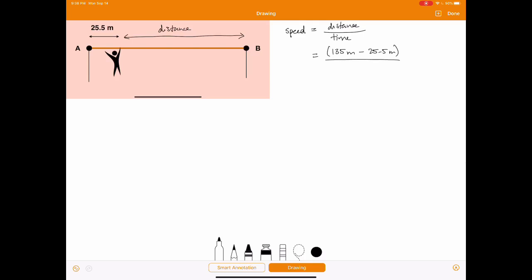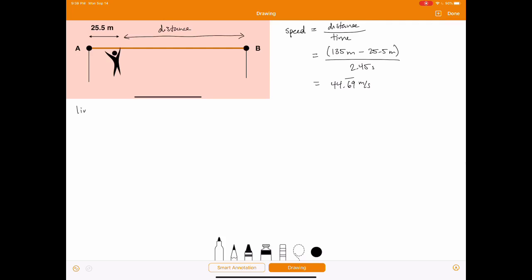And then the time it takes to cover that distance, again, is 2.45 seconds. Okay, if you crunch these numbers, you're going to find it comes out to 44.69 meters per second, and we'll keep 3 sig figs on that.